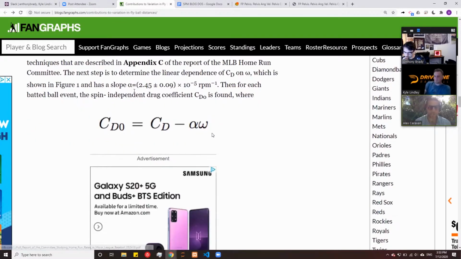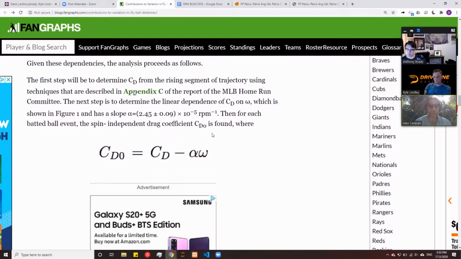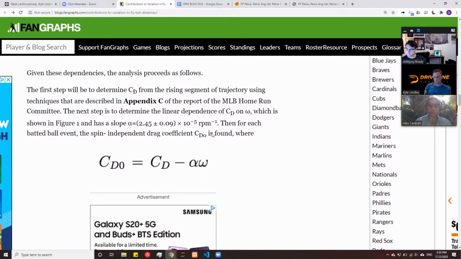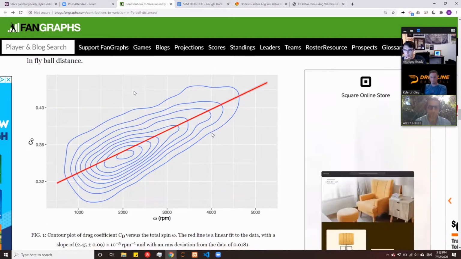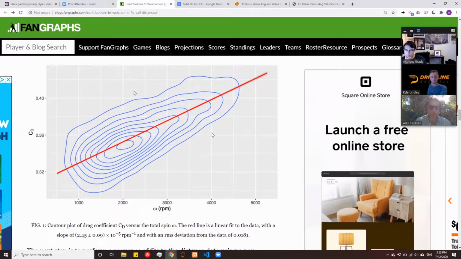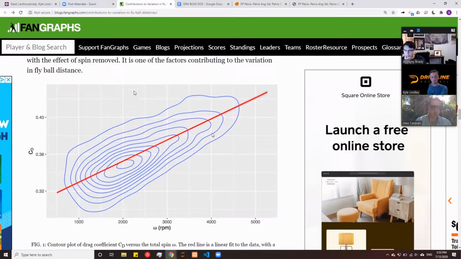Here he goes a little bit over the relationship between total spin, backspin and side spin, and derived the linear dependence of the drag coefficient on spin, which he showed here with a linear best fit. The slope is very small because of the magnitudes we're talking about here, right? The RPMs of the spin are in the thousands. The drag coefficient is between 0 and 1.